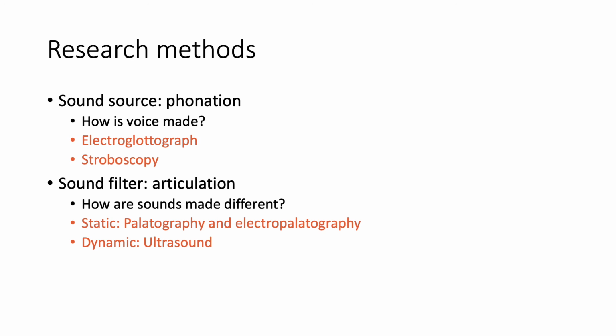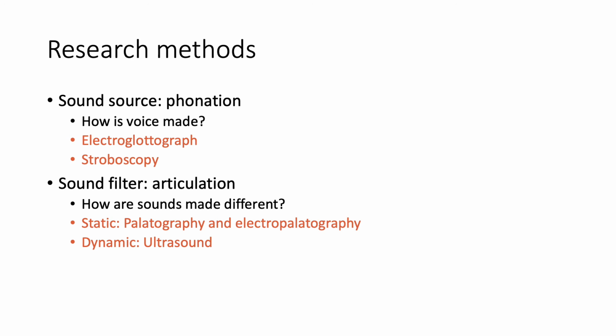And then we talked about how to look at articulation within the mouth, how sounds are made differently, how constriction is happening. And for that, we can either look at just the end point, so just static, just one point where the sound is made.